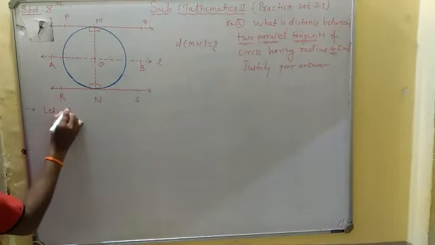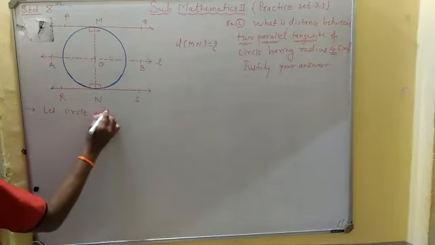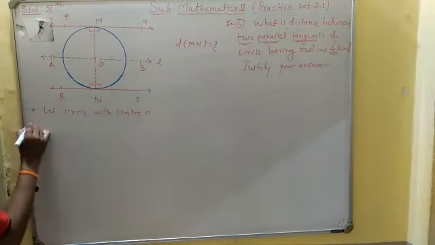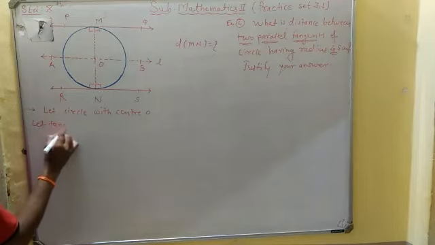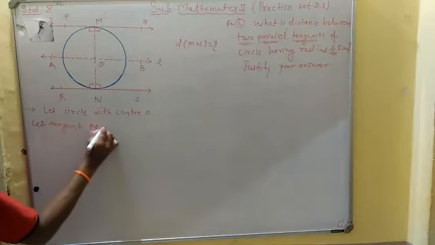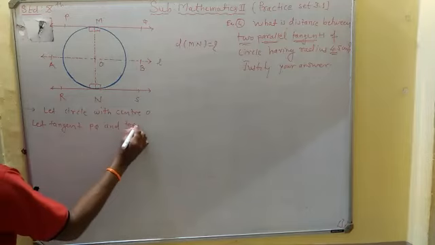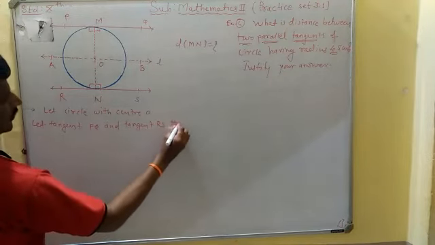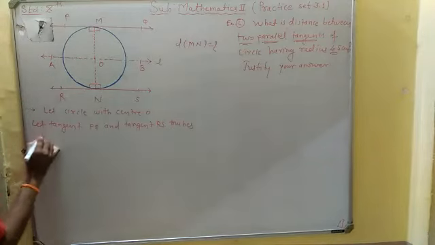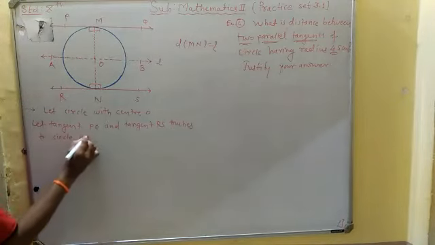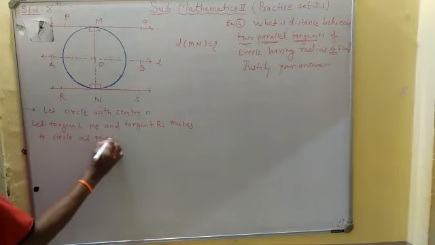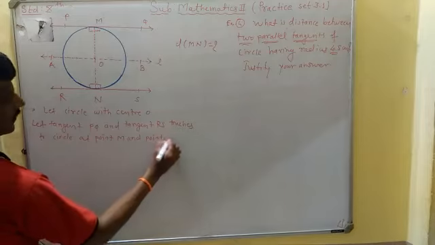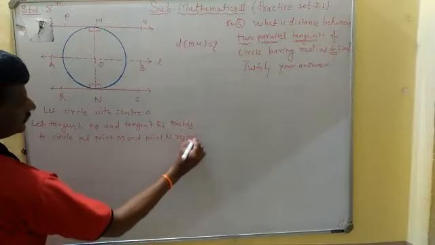Let a circle with center O, let tangent PQ and tangent RS touch the circle at point M and point N respectively.